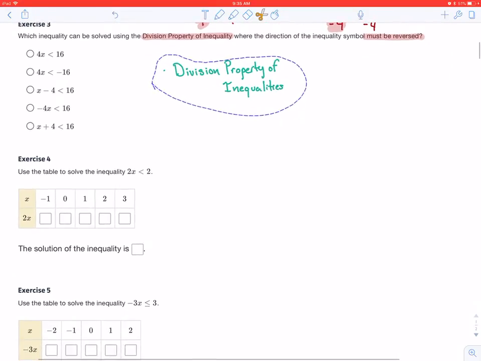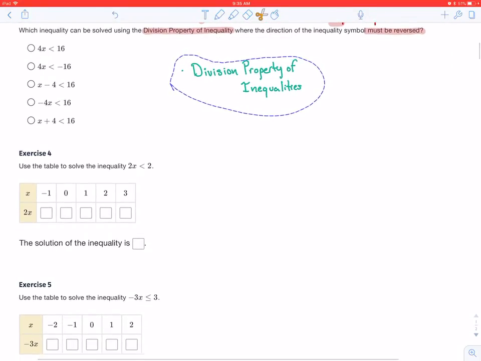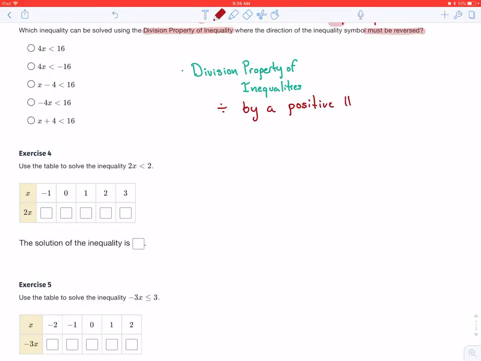That division property of inequality states that, just like the multiplication property of inequality, when we divide both sides of an inequality by a positive number, dividing by a positive number keeps the sign the same, keeps the inequality true. So there's no reversal when it's a positive number.